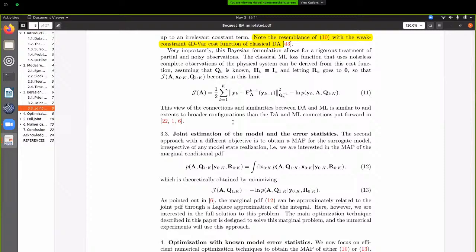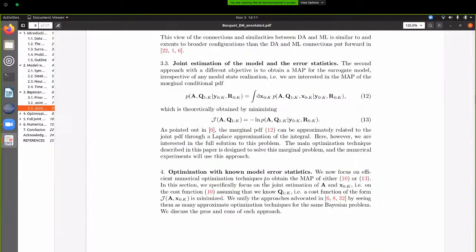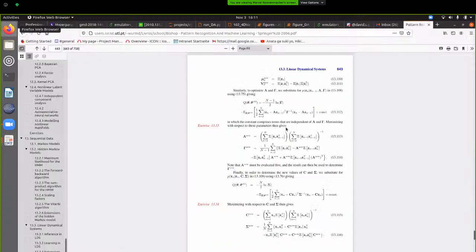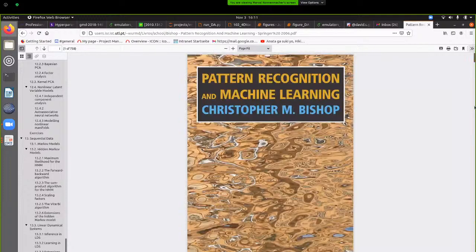And then they go through a lot of stuff that I'm going to skip in the interest of time, but these are standard considerations from machine learning as you have them in textbooks. Like, for instance, this is the Bishop Pattern Recognition and Machine Learning, which you can actually find online with a simple Google search.